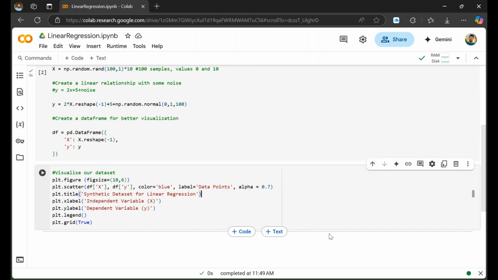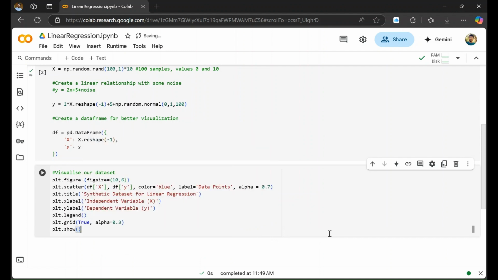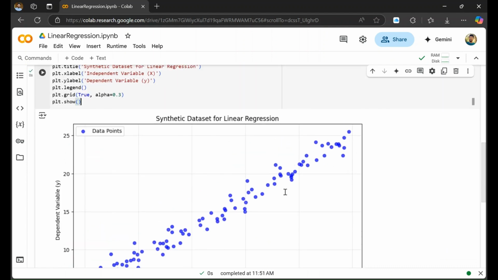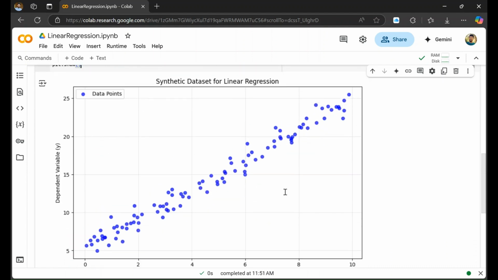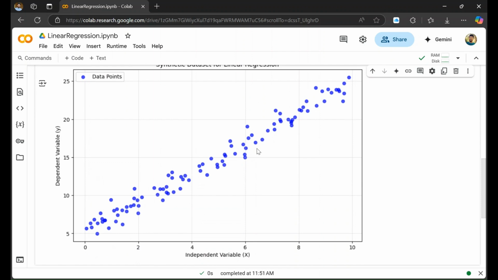You don't have to rewrite the code, just know how to do it. This is the data set. On the x-axis we plotted the independent variable and on the y-axis the dependent variable. It is following a normal distribution.